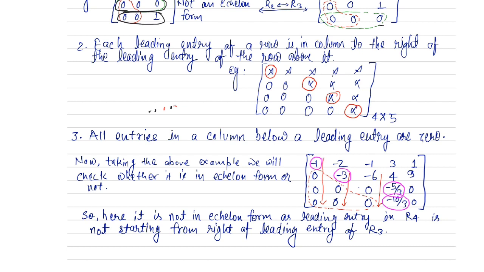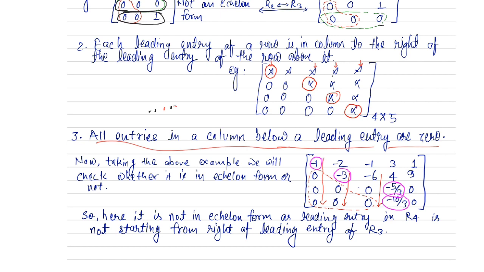So the third condition says that all entries in a column below a leading entry are 0. So this means that we'll see the columns of the leading entries. Let's see here 1, 2, 3 and 4. These 4 columns contain leading entries.